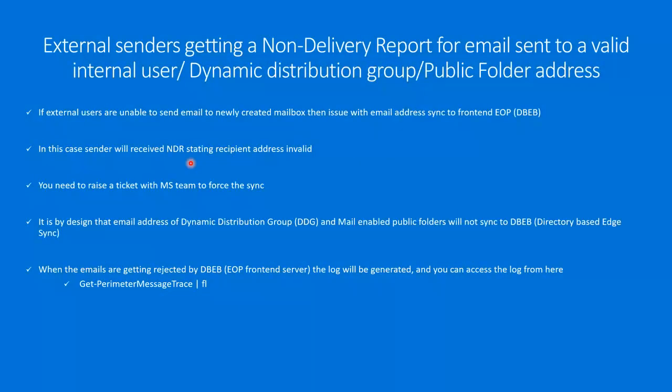DBEB: getting an NDR because of DBEB. It is because there was a newly created user who is not replicated over to Azure Active Directory, or a dynamic distribution group, or mail-enabled public folders, which by default will not be accepted using DBEB.